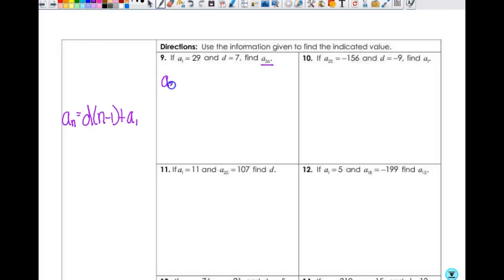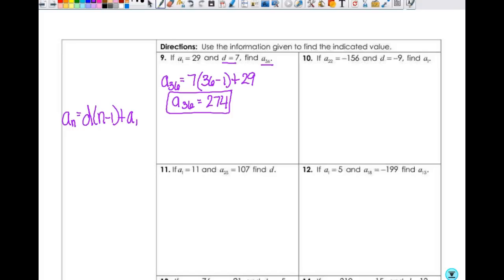So A36 is equal to the common difference, which is 7, times n minus 1, well n is 36 minus 1, plus A1, which is 29. So that means A36, you can actually just type that in your calculator exactly like you see it, and you should get 274.